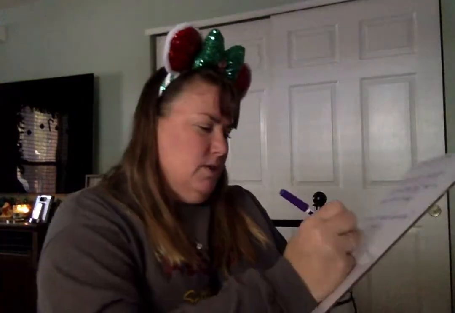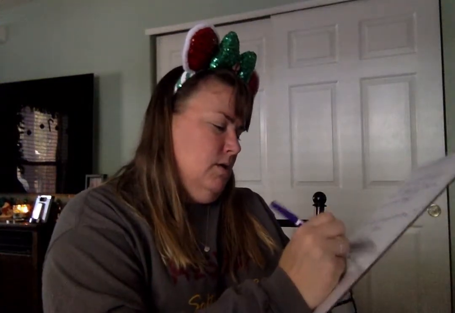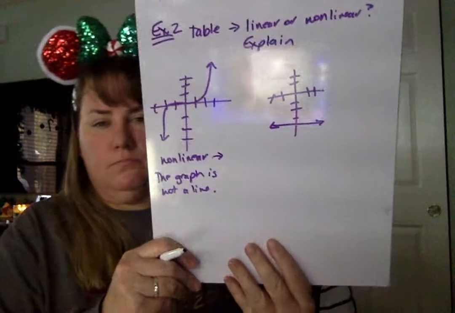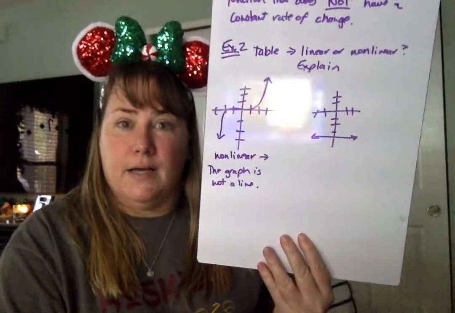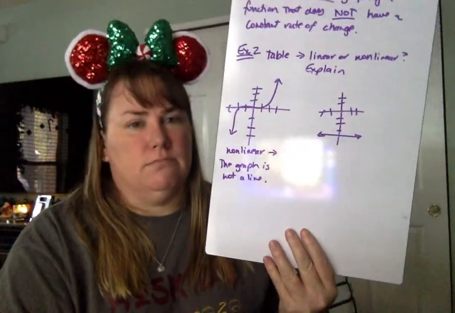So let's go to this one. Let's go with a graph that looks like that. Is it a line? Yes, it is. So it's linear. Linear function. If you had to explain why, the graph is a line.